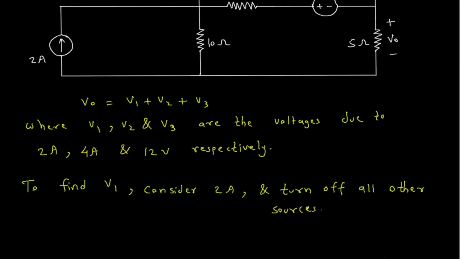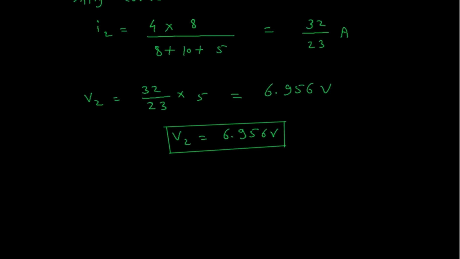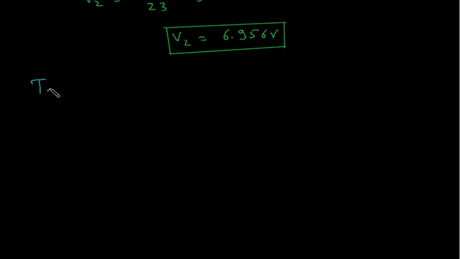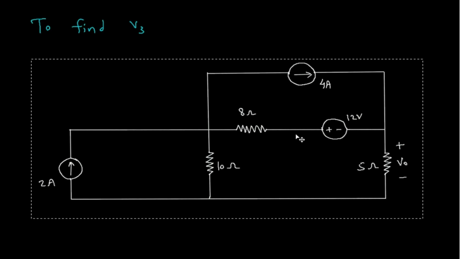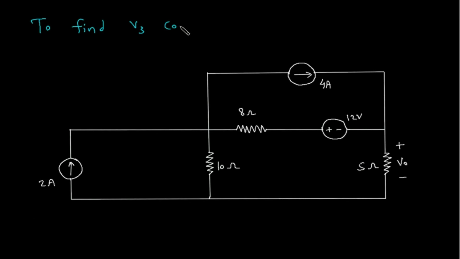So to find V3, we will consider this 12 volt voltage source and turn off all other sources.